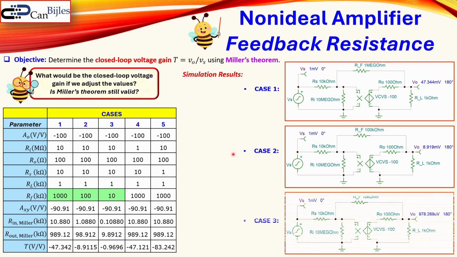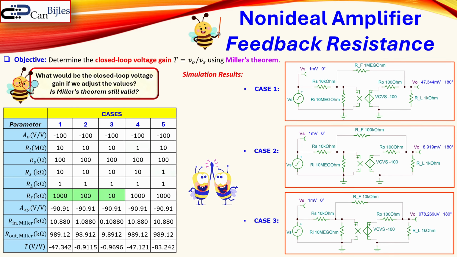Now going to case 3, where you see here the output voltage is 979 etc. microvolts. So if you convert that to millivolts, you will get 0.978 etc. divided by this 1 milli. So you get actually here an attenuation, which is this minus 0.969 what we have in the calculation. It is close to what you see here. Again, this 180 degrees because of this inversion.